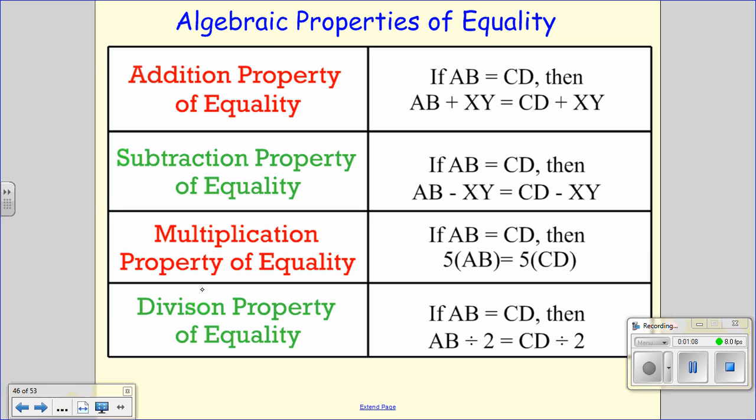We'll also use the addition, subtraction, multiplication, and division properties of equality. You're going to see it look a lot differently than what we had with the algebra, because we're going to be using it for angles and segment pieces and other things to come in the future.